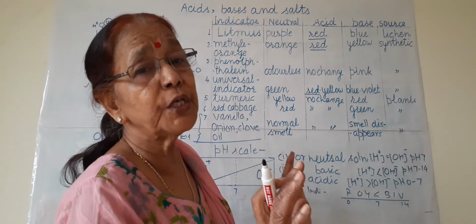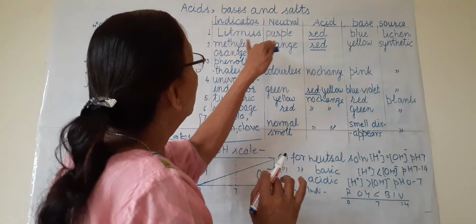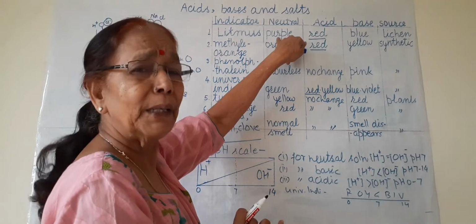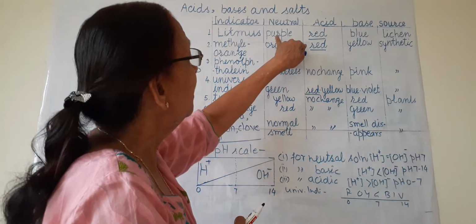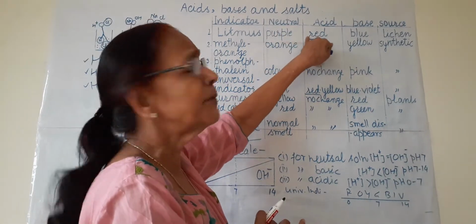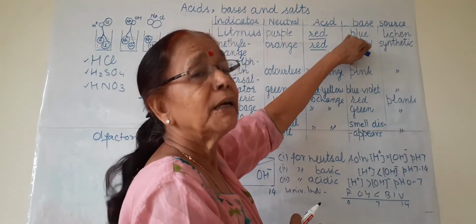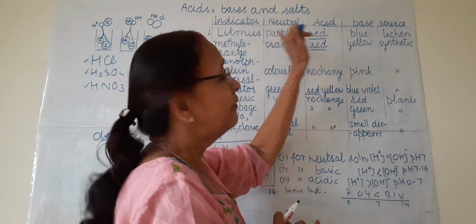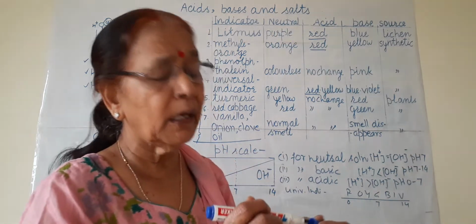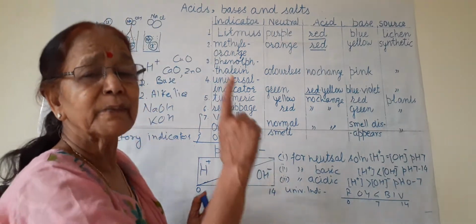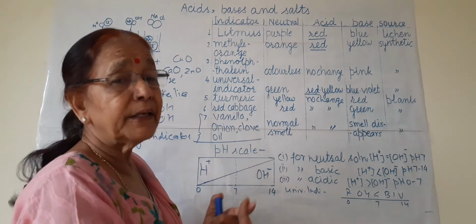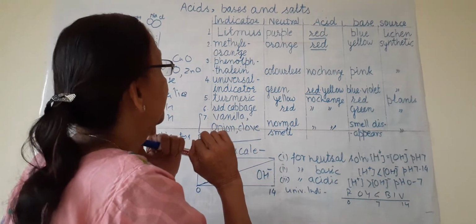There is no change in color. So with litmus paper it is purple in color when it is neutral, this color purple becomes red with acid, and this becomes blue with base. So this is the first most important and most easily available color indicator, which is a natural color indicator.